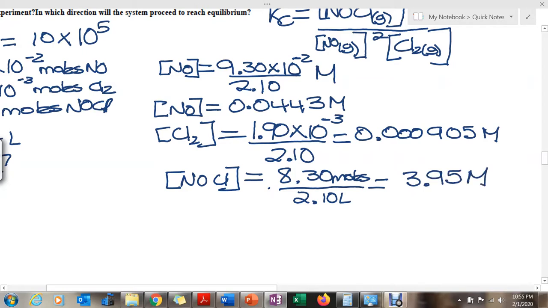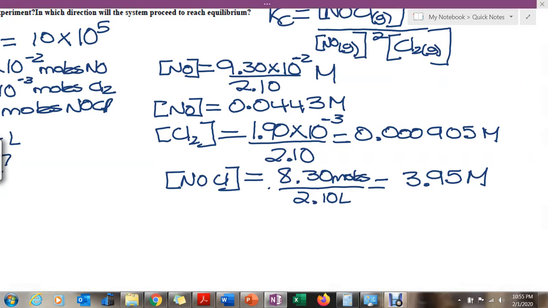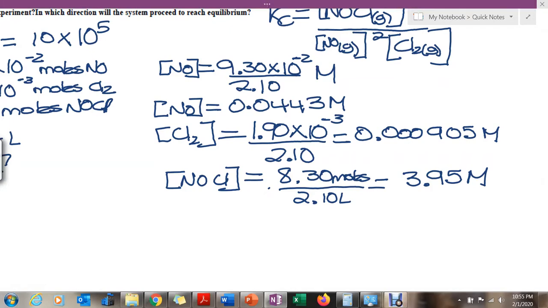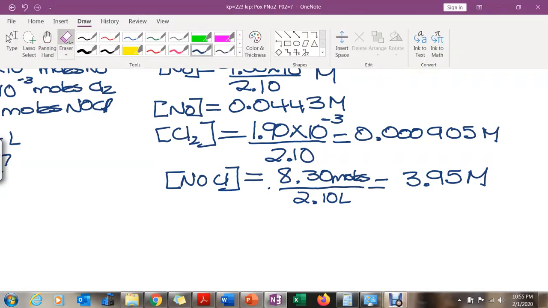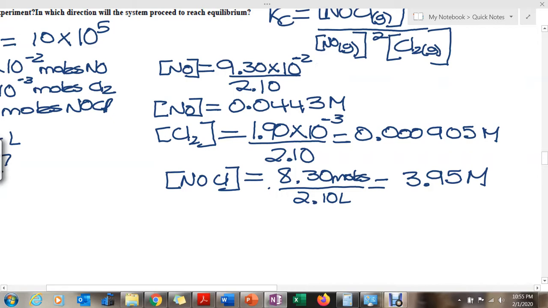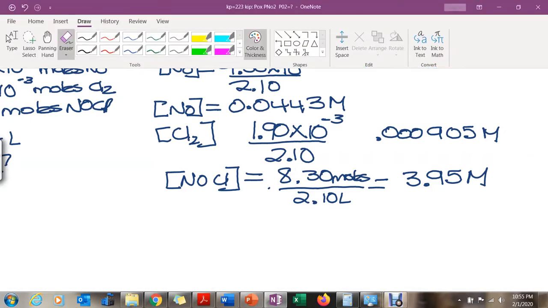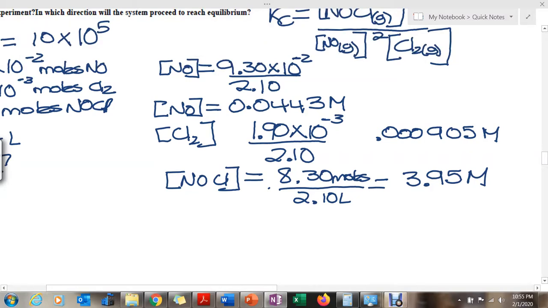I didn't put it, but when it's given an initial concentration, the way to express it is with a zero.